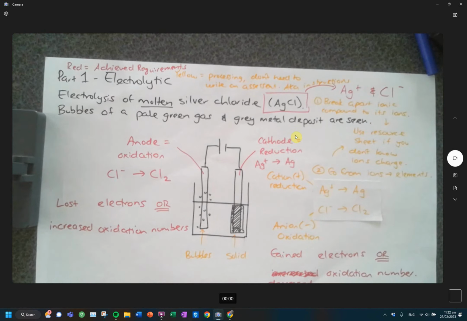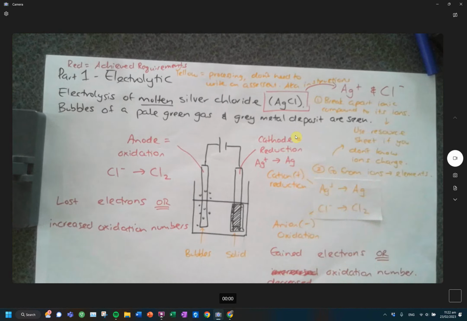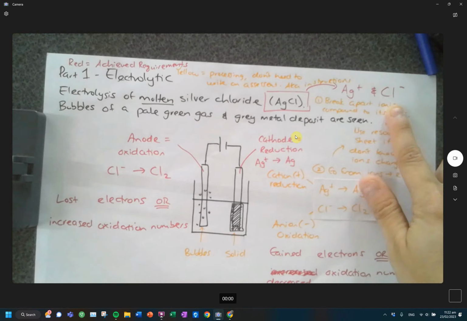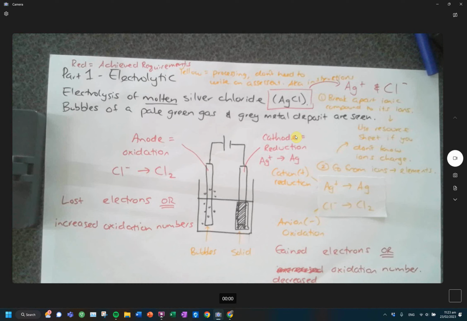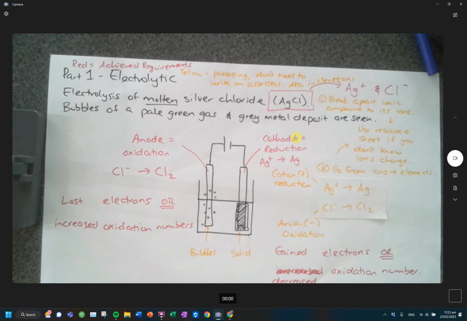We need to add electrons to make it lose that positive charge and go to the element. For the oxidation, you're looking for the anion. Makes sense: anion, anode, they all pair together. And we're taking away those electrons so it becomes zero charge.